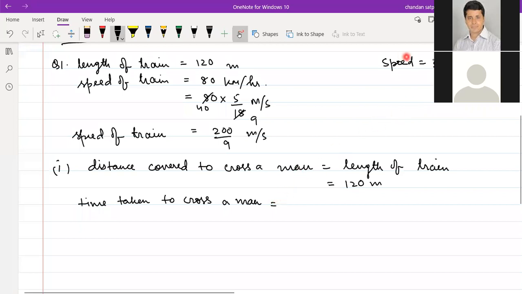So time will be equal to distance by speed. So distance is 120. Speed is how much? Speed of the train is 80 km per hour. So in place of speed, we'll write 80. Sorry, sorry, students. Speed you have to take.